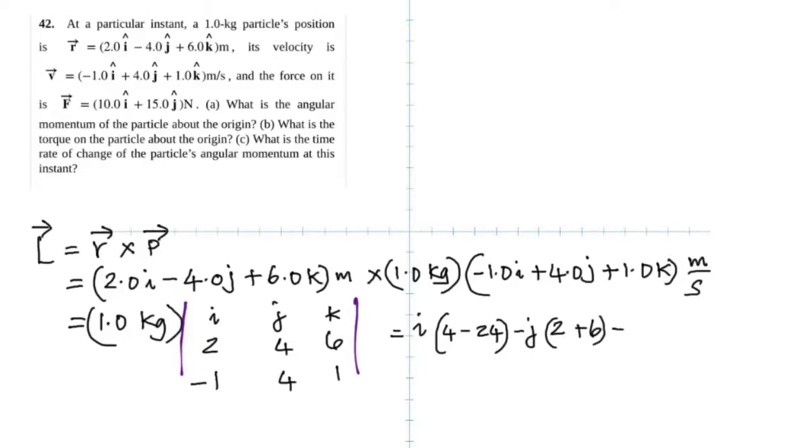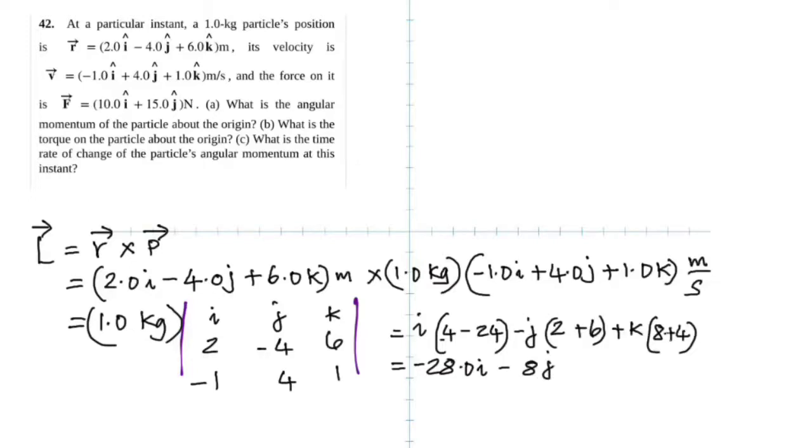So when you go i, you go 4 times 1 minus 6 times 4, right? Which is 4 minus 24, minus j, 2 times 1, minus of minus 6. So that's why you have 2 plus 6, and k would be 2 times 4 plus 4.